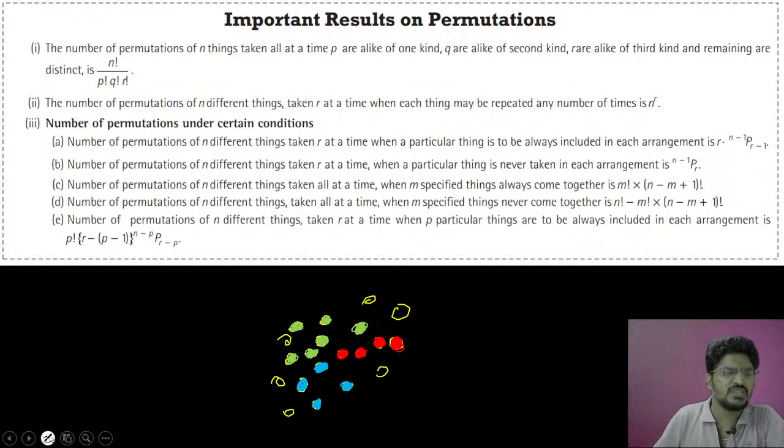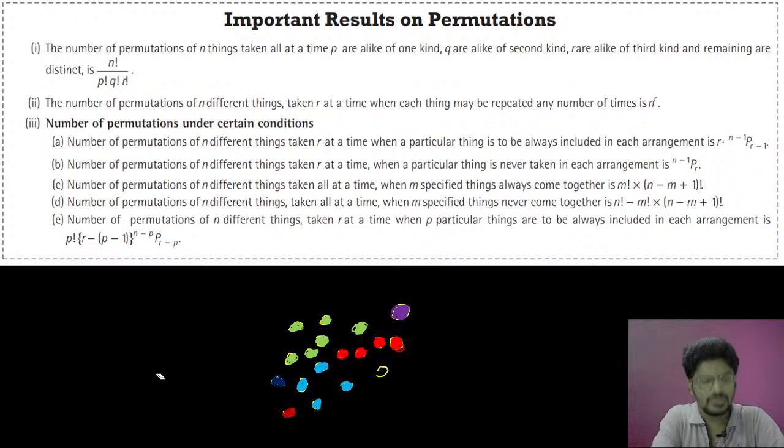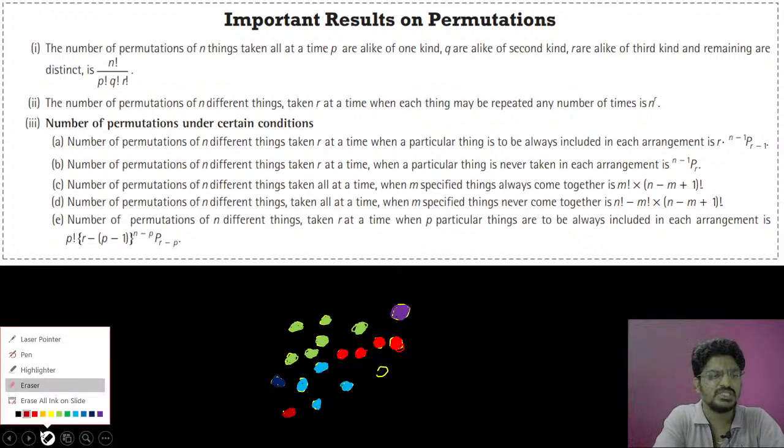So now the remaining things are distinct. You can just see here, these are some of the objects we have.